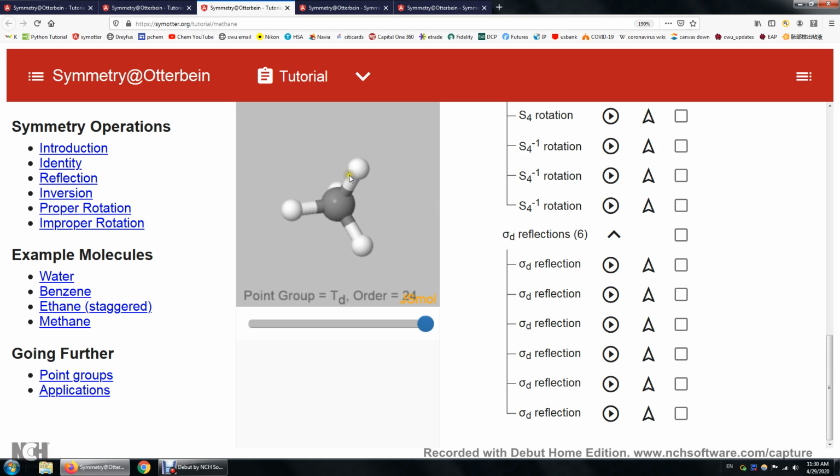Now why 6? Let's label the 4 hydrogen atoms A, B, C, and D. So the sigma D plane must contain 2 hydrogen atoms. So it can be AB, AC, AD, or BC, BD, or CD. So there are 6 possible combinations there. All right, so this is methane with a tetrahedral point group with 24 symmetry operations, thus an order of 24.